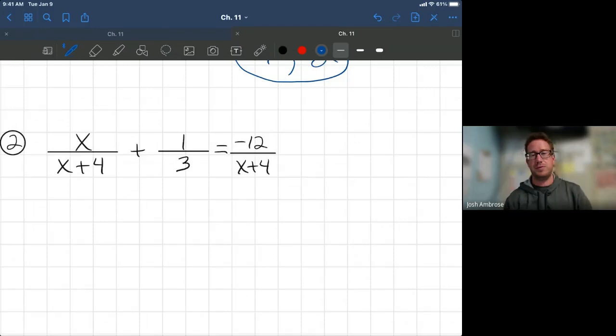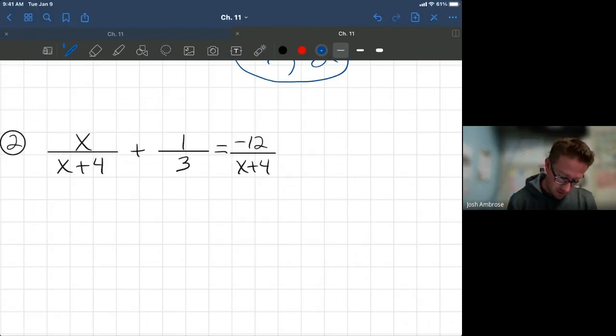Doesn't fit the parameters for cross multiplication. I see x plus 4. I see 3. 3 cannot magically become x plus 4. X plus 4 can't magically become 3. So that just means my common denominator is them together. So the common denominator is 3 parentheses x plus 4 right next to each other.